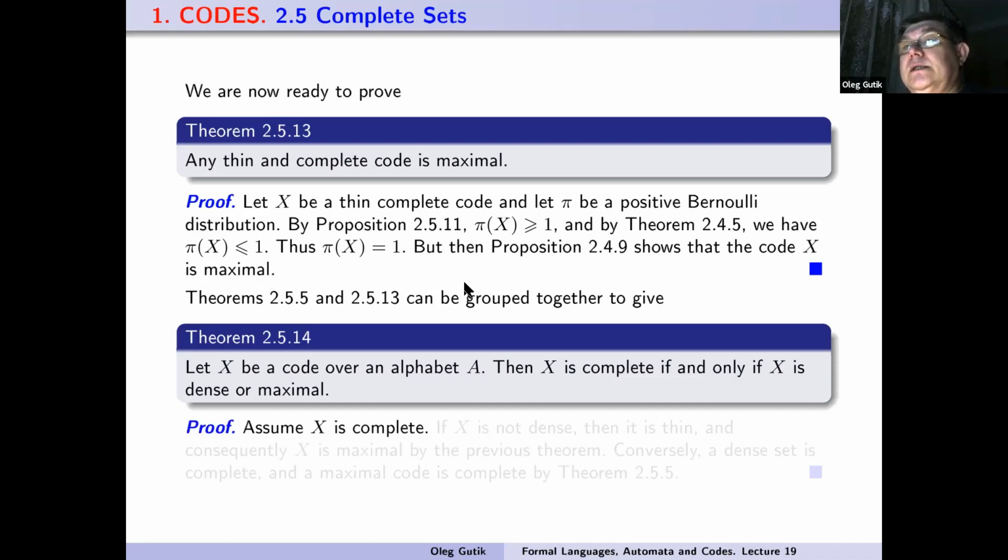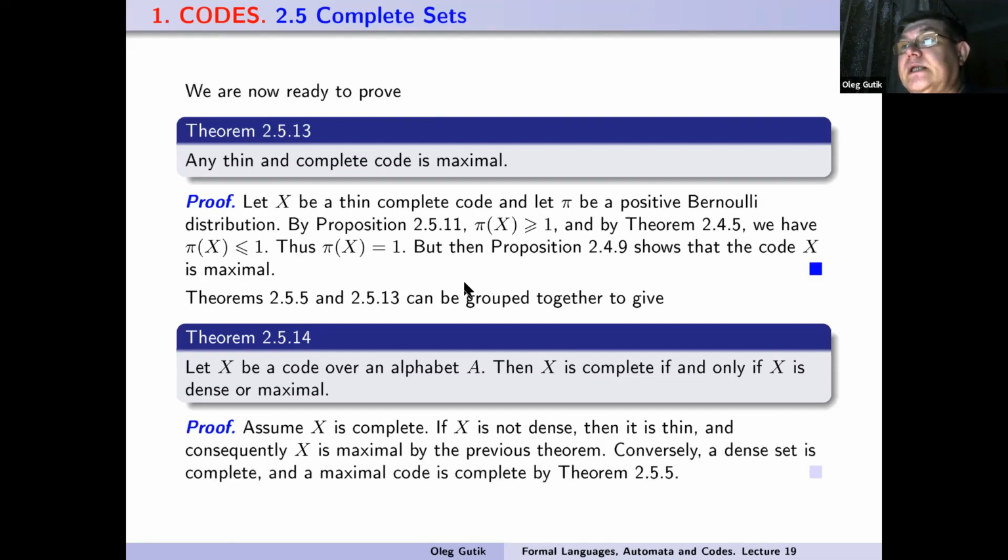Assume that code X is complete. If X is not dense, then it is thin, and consequently X is maximal by the prior theorem. Conversely, a dense set is complete and a maximal code is complete by Theorem 2.5.5. This completes the proof of Theorem 2.5.14.